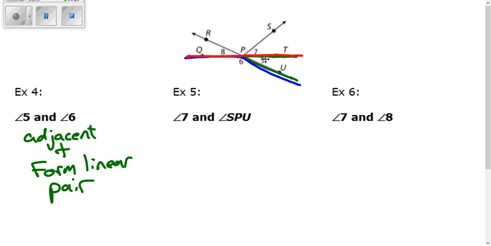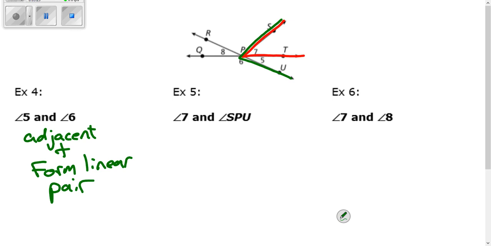Okay, then example number 5. Angle 7 is right there. And angle SPU. All right, this one is tricky. They do share a side. They both share the ray PS.